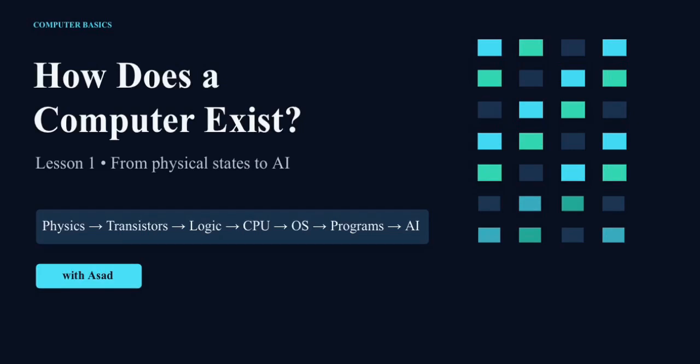If you remember, we used to make a flow of this computer back in school: input, storage, processing, and output. In a fancier definition, a computer is just a physical machine that represents information using controlled states and automatically transforms those states according to instructions.